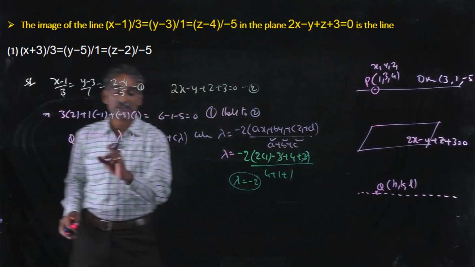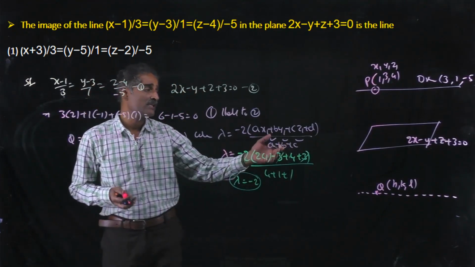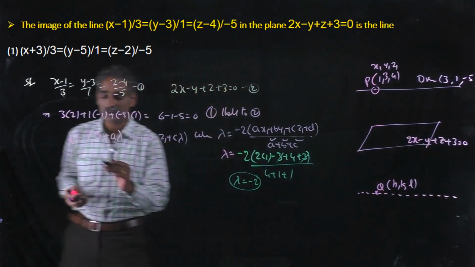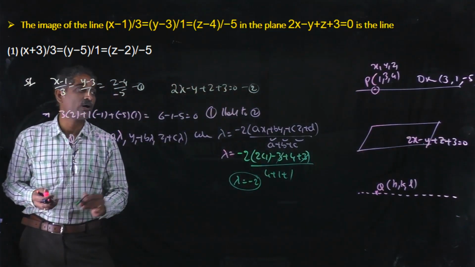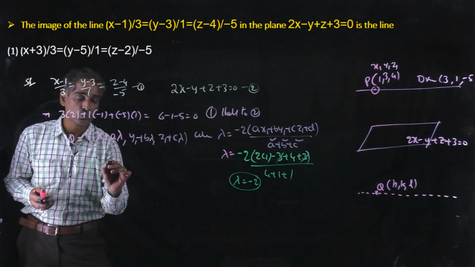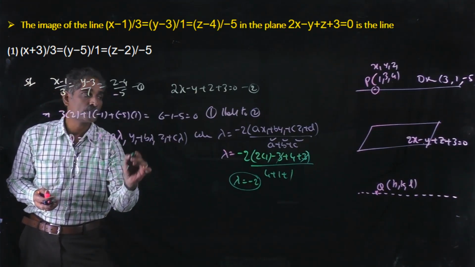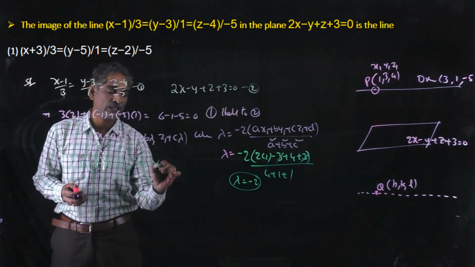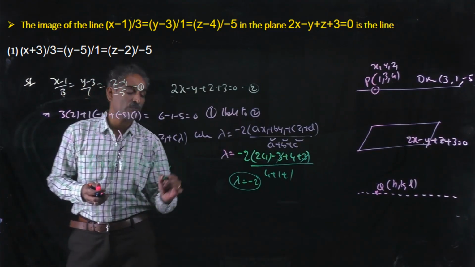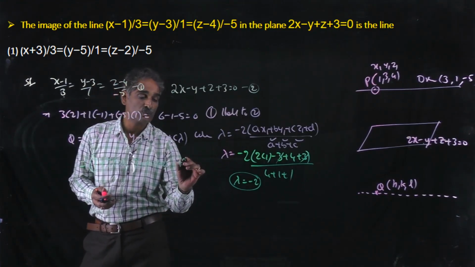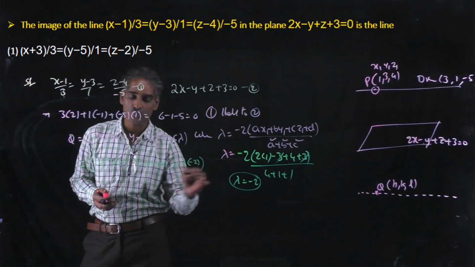Now substitute x1, y1, z1, a, b, c. Here a equal to 2, b equal to minus 1, c equal to 1 and the lambda value. That is x1, 1 plus a, 2 lambda minus 2; y1, 3 plus b, minus 1 lambda minus 2; z1, 4 plus c, the value of c is 1 and lambda is minus 2.